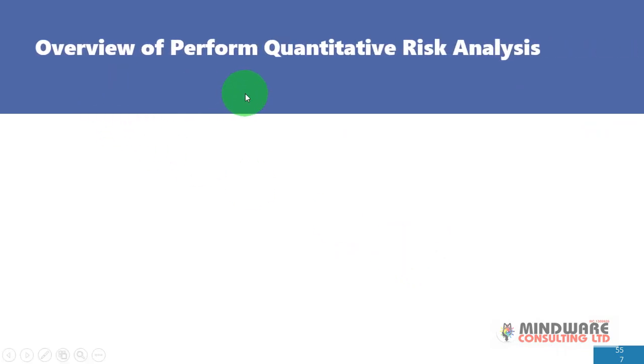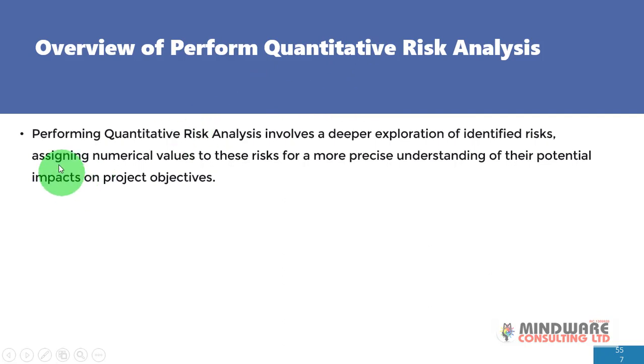Now, firstly, an overview of perform quantitative risk analysis. Performing quantitative risk analysis involves a deeper exploration of identified risks, assigning numerical values to these risks for a more precise understanding of their potential impact on project objectives.